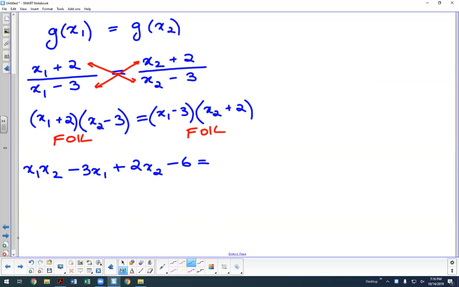So remember, each term you need to multiply. Same thing on the right hand side. What will that give us?